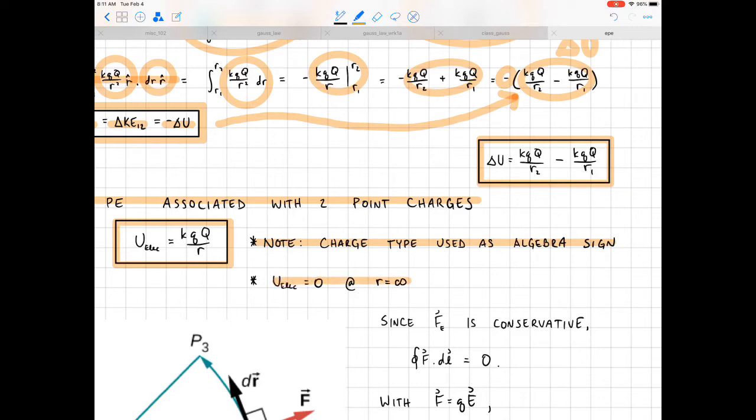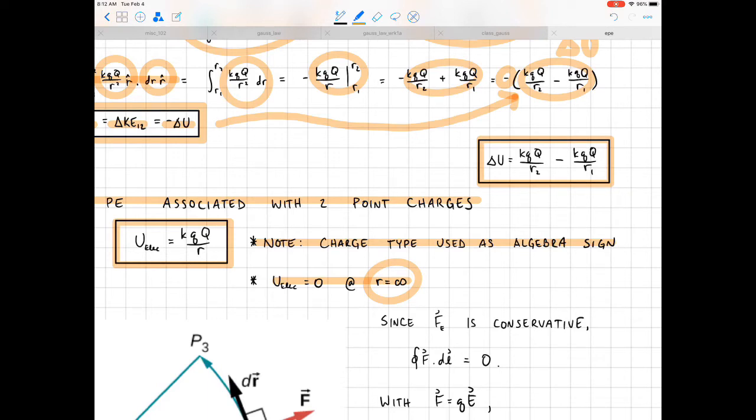Now, just like in 101, potential energy is arbitrary, it's position-based, and so you have to set a zero point. And for electric potential energy, the expression here that we're using is defined so that the potential energy between two point charges is zero when the two charges are infinitely far apart, when r equals infinity.